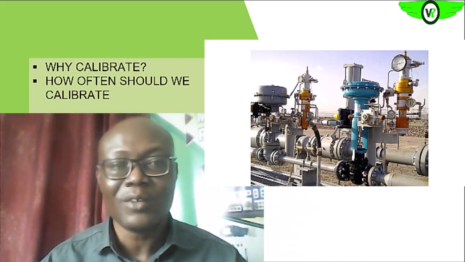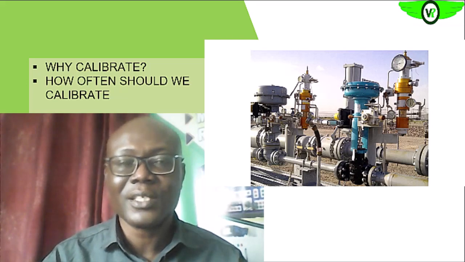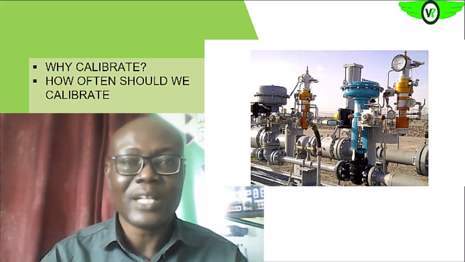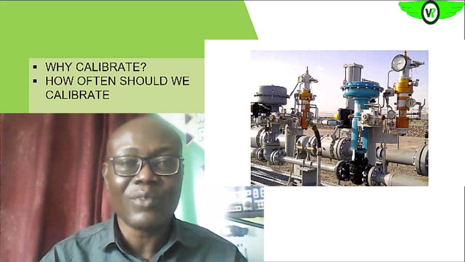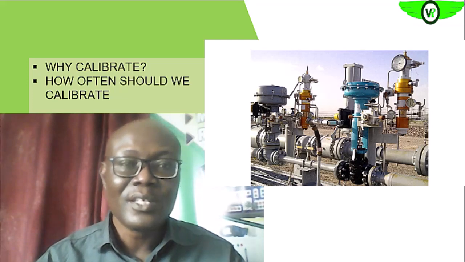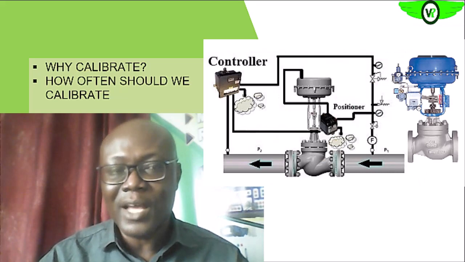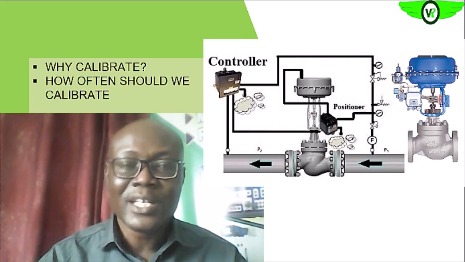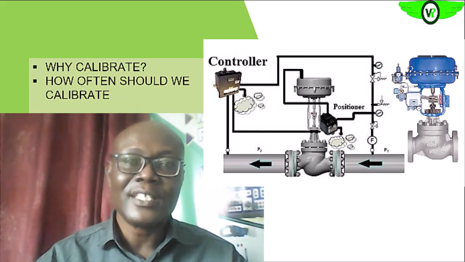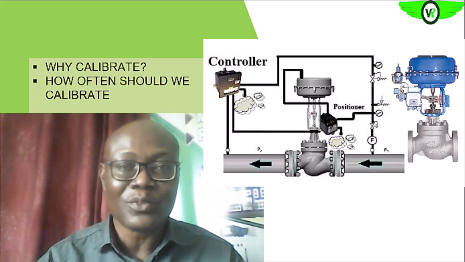So the next question is, why do we calibrate? The reasons are obvious. We calibrate so that the meter that we are using in our process will give us the accurate reading of those process variables in the process. And as we know from our earlier discussion, those process variables, as they are changing, can affect the outcome or the output of the process.